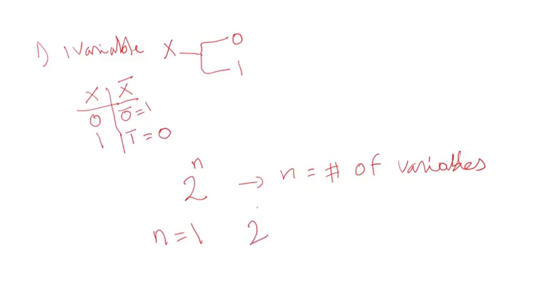So 2 to the power of 1 is 2. This is the number of combinations. I'll just write combo equals 2 to the power of n. 2, because we have two states, either 0 or 1, and n is the number of variables.